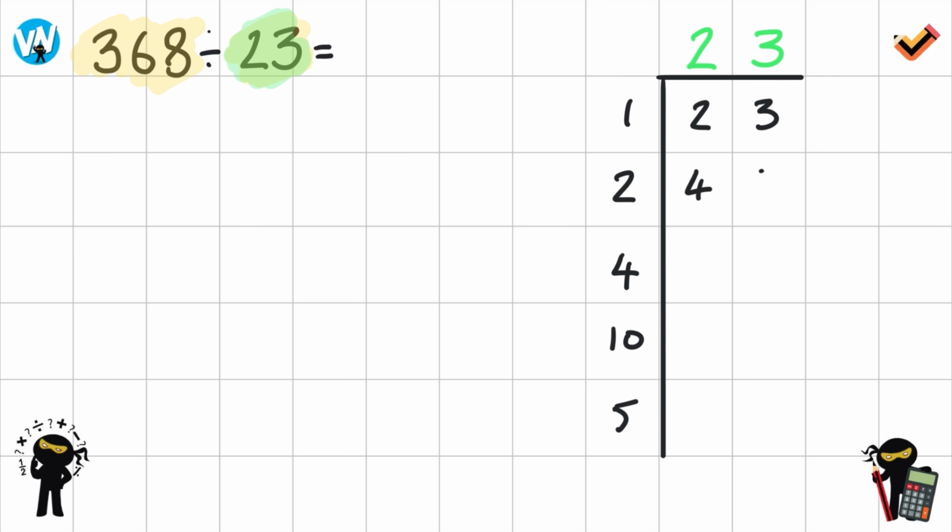Double 23 is 46. Double 46 is, well, double 40 is 80, and double 6 is 12. So 80 and 12 is 92. So again, 92. 23 times 10, super easy, is 230. And again, times 5 is 115. But if you didn't know this bottom one, I'll just highlight it off.